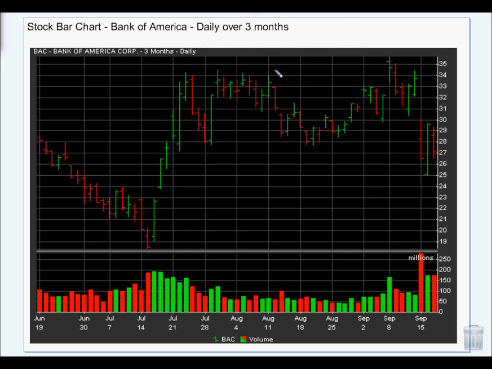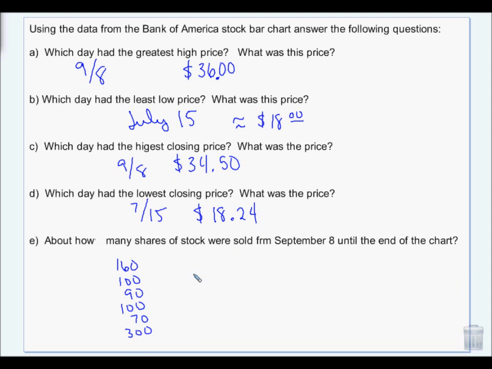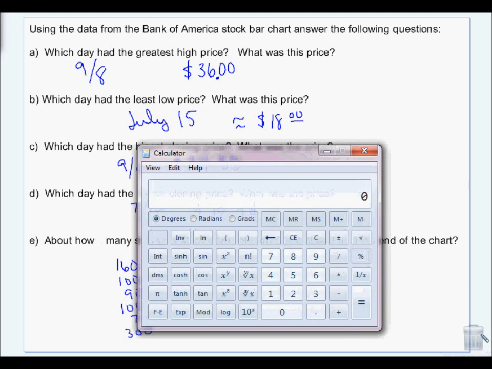Oops, wrong way again. Then we come here, and both September 16th and 17th, it was about the same. So I'm going to say that's about 175 for each of those days. And then I am going to cheat.